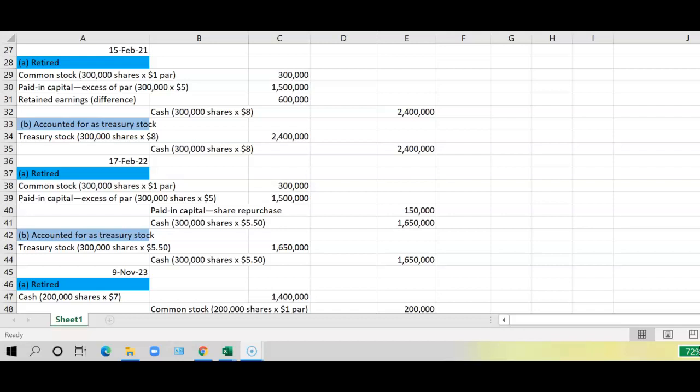First, I would like to go through the retirement of the stock. On February 15th, 2021, they reacquired 300 shares at $8 per share. So before we can even start, we have to compare what they're paying to reacquire the shares, and they're paying $8, but how is it recorded in their stockholders' equity?